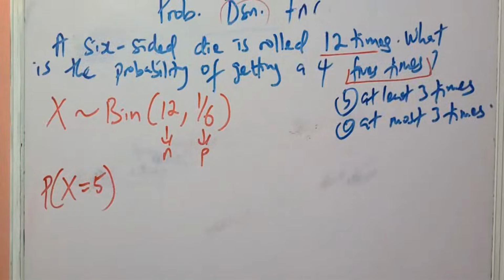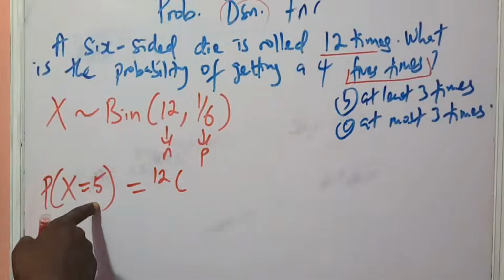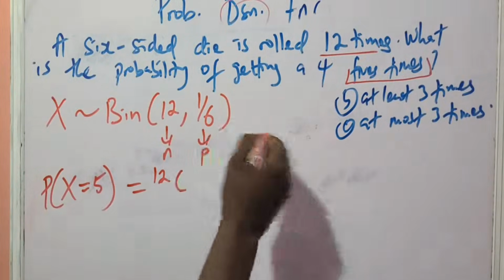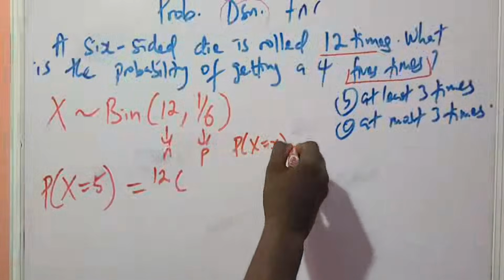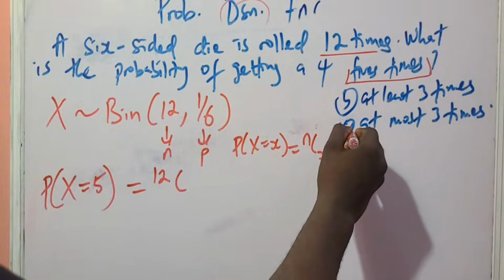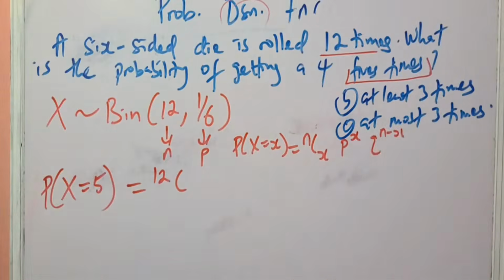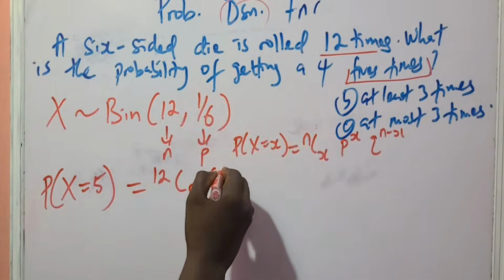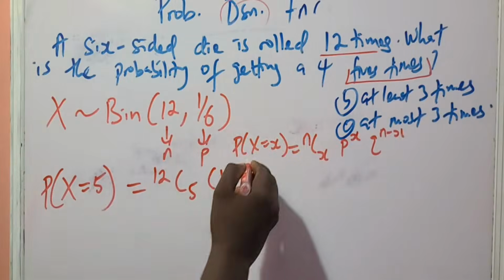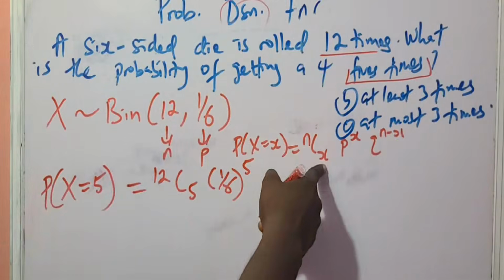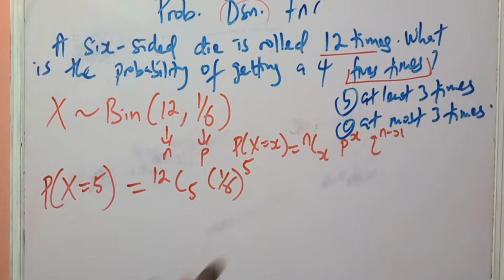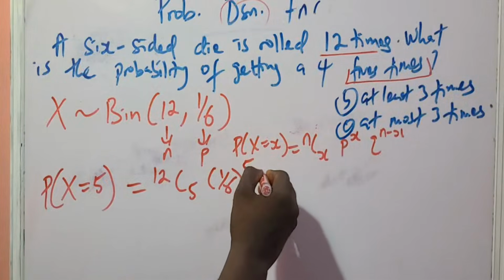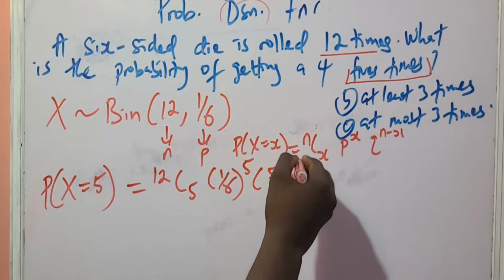Since this follows a binomial distribution, the PMF is n combination x, p raised to power x, then q raised to power n minus x. In this case x is 5, so that will be 12 combination 5, times 1/6 raised to power 5, times 5/6 raised to the power of 12 minus 5. Don't forget, small letter x is just the value attached to capital letter X, so it represents the number of successes in this case.